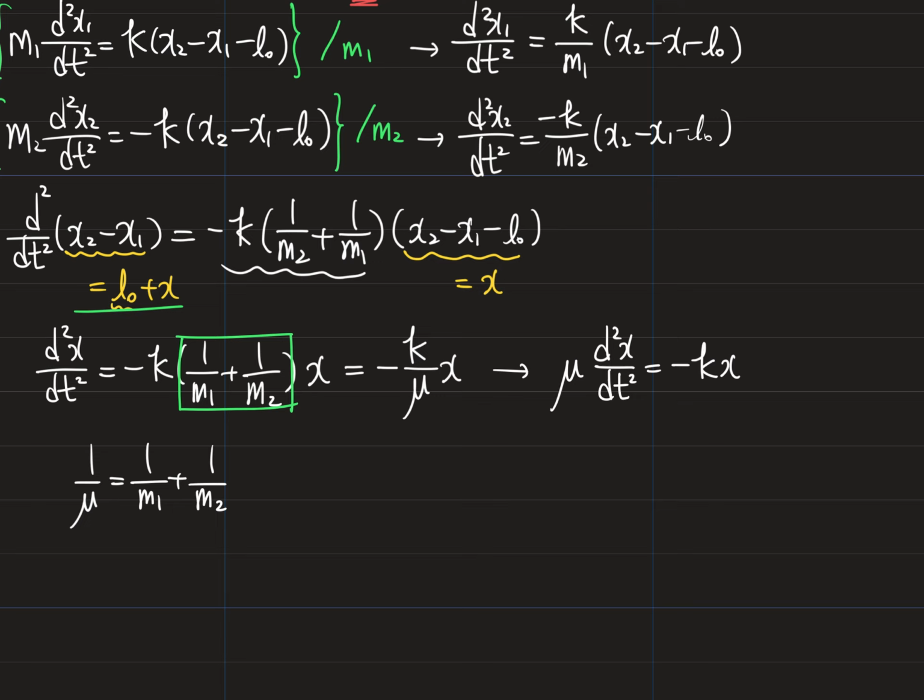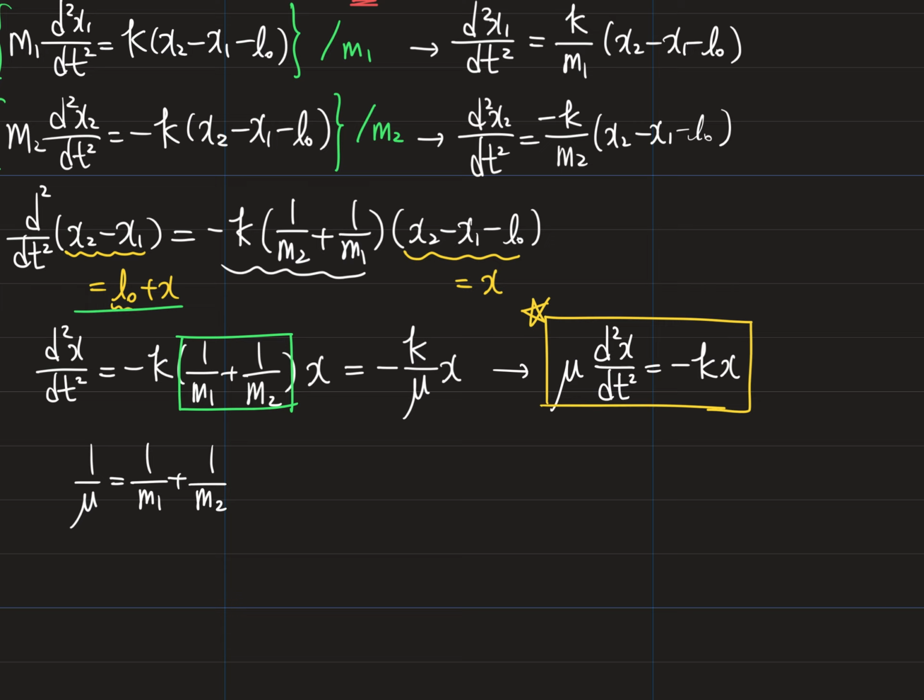Actually, this is quite an important consequence because remember that we started from two equations of motion for particle 1 and particle 2, but with some mathematical manipulation, we obtained one equation.